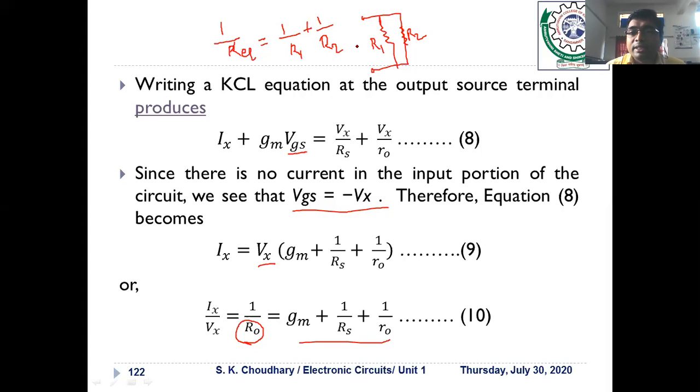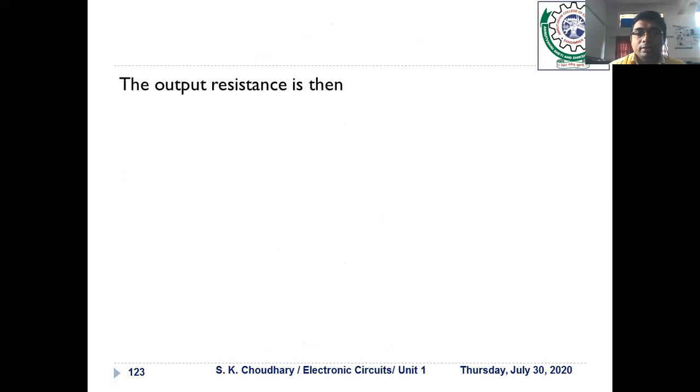In a similar fashion, in equation number 10, 1 upon R0 is equal to 1 upon Rs plus 1 upon R0 plus we can consider 1 upon gm. So the output resistance R0 is equal to 1 upon gm parallel Rs parallel R0.